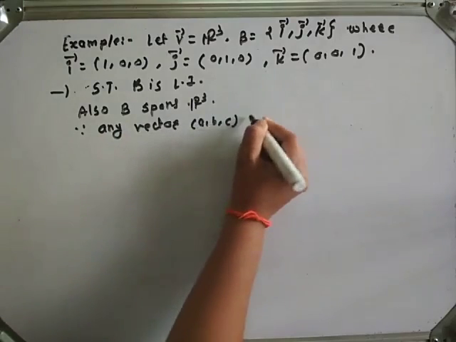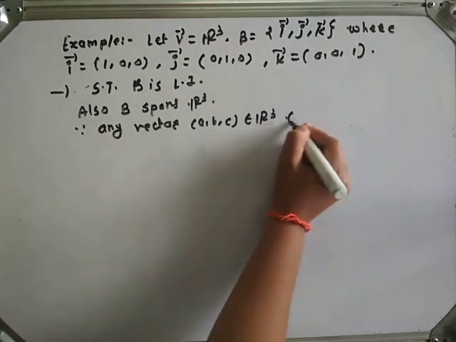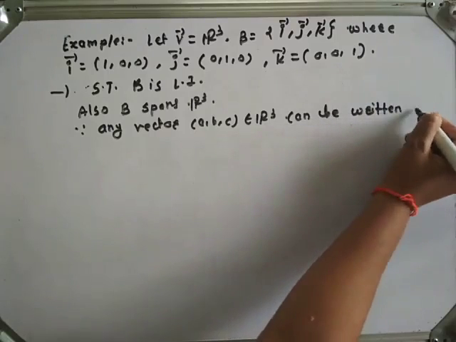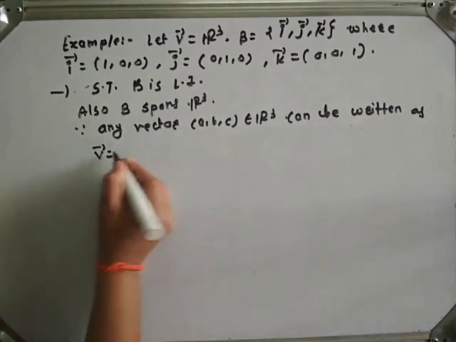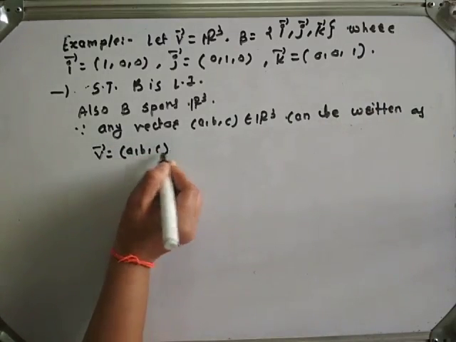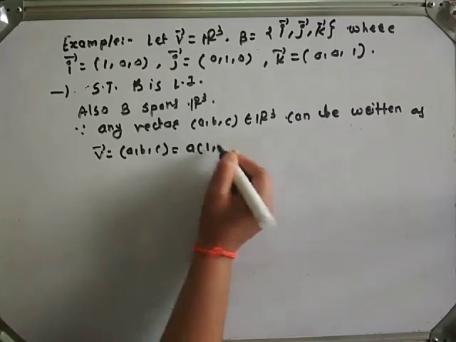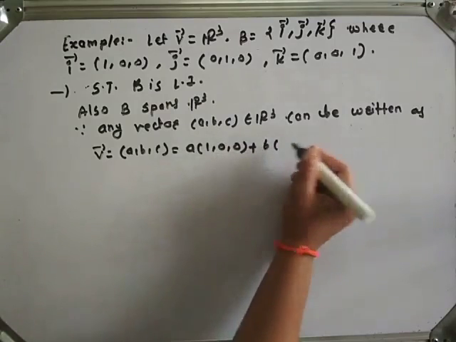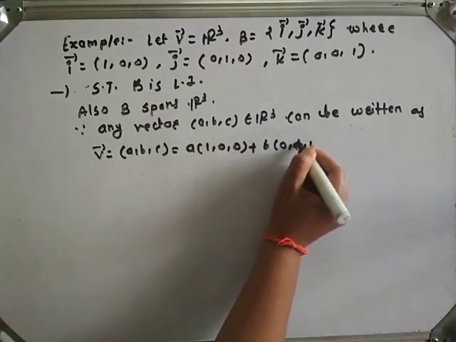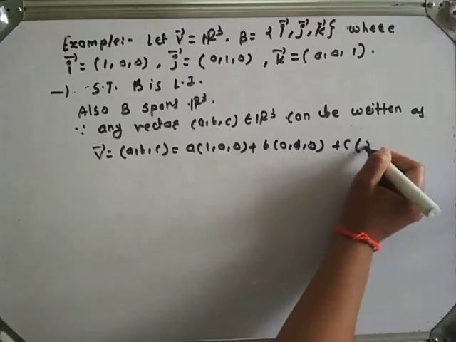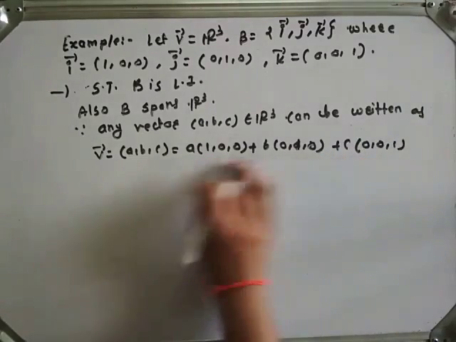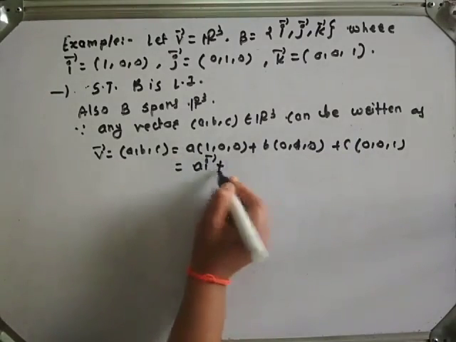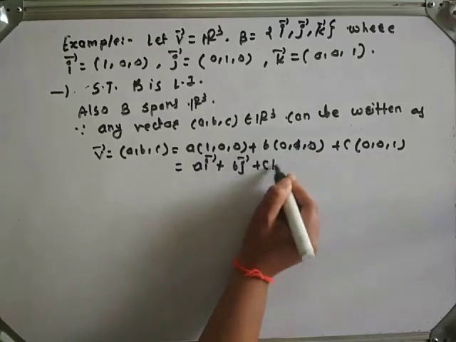Since any vector (A, B, C) belonging to R3 can be written as V bar equal to vector (A, B, C), which is equal to A into (1, 0, 0), plus B into (0, 1, 0) plus C into (0, 0, 1). If you simplify this, you will get vector (A, B, C). This is nothing but A into I bar plus B into J bar plus C into K bar.